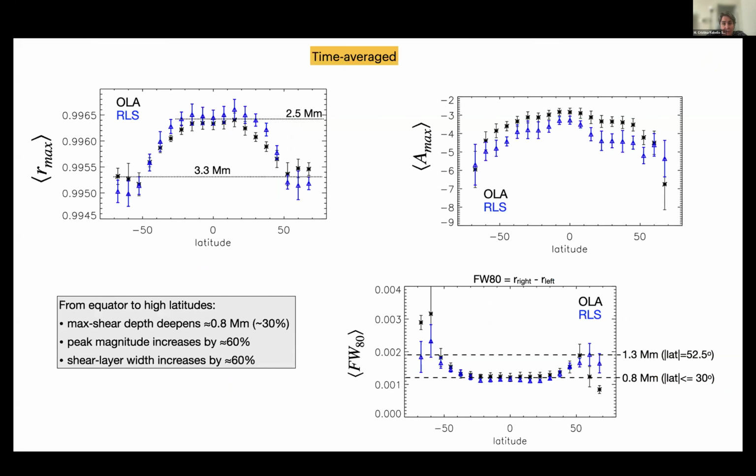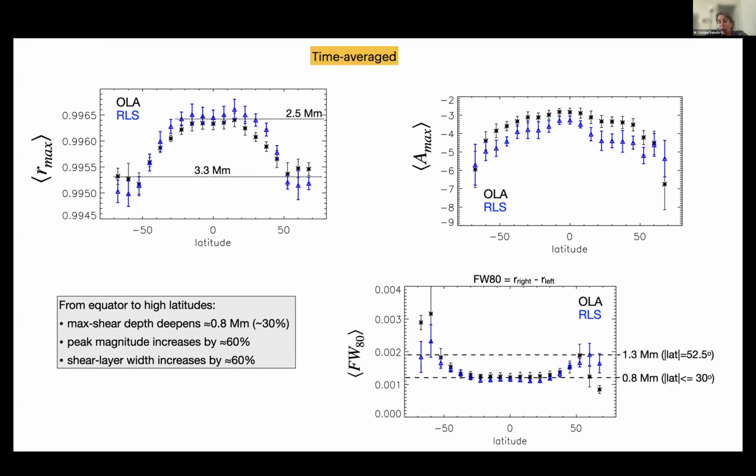So here are the averages of my results. For each latitude, I average over time. On the left, you see the location, which agrees very well with the plot I showed before, but here it's a quantitative measurement of how this strong shear moves from the equator towards high latitude.